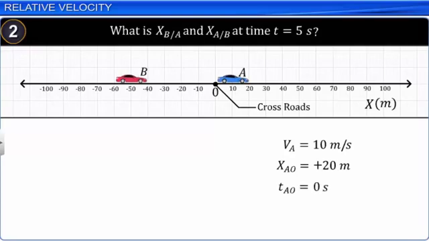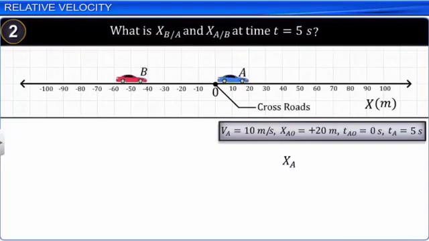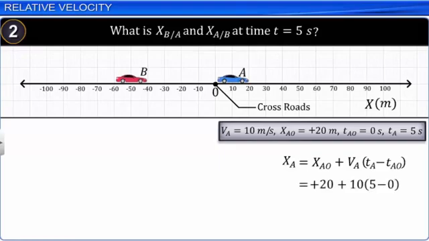We need to find x_A. x_A is equal to x_A0 plus v_A into t_A minus t_A0. On substituting and simplifying, we get x_A equal to plus 70 meters.